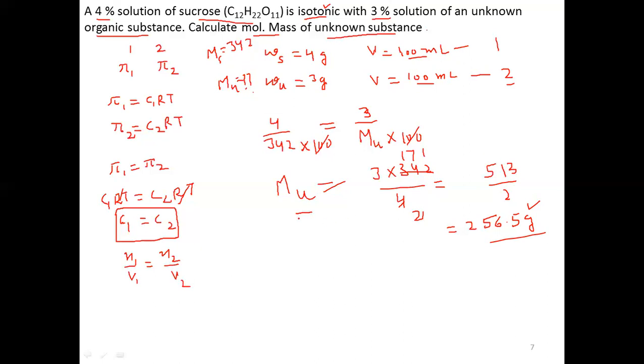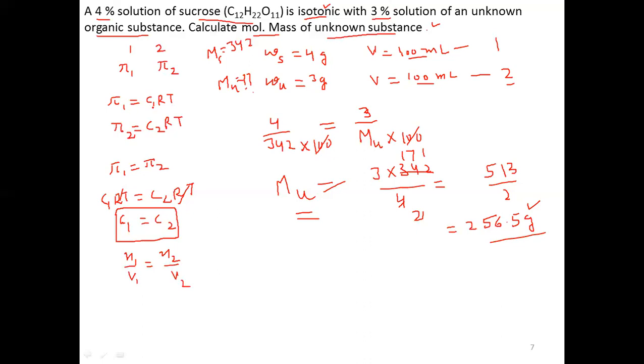So I will repeat this numerical for you. The statement was that a 4% solution of some solute, it was sucrose, is isotonic with a 3% solution of an unknown organic substance. From this, we have to calculate the molecular mass of the unknown substance. Now we know that the formula for osmotic pressure is CRT. We assumed two solutions, solution 1 and solution 2, and applied the formula.